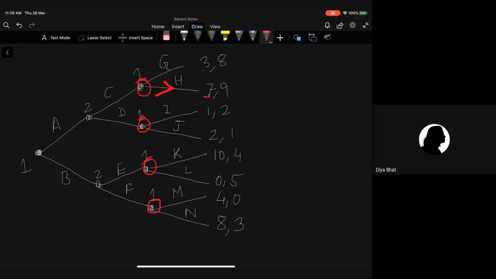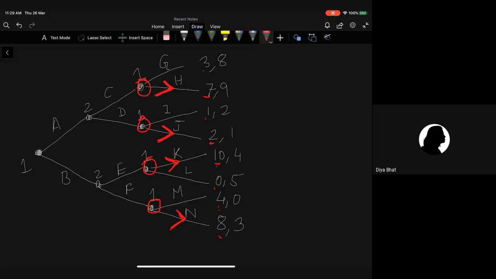In the second from the top, the best thing for 1 is to choose J because it gets 2 as opposed to 1. On the third one, the best thing for 1 is to choose K because it gets 10 as opposed to 0. And then at the bottommost, the best thing for 1 is to choose N because it gets 8 as opposed to 4.